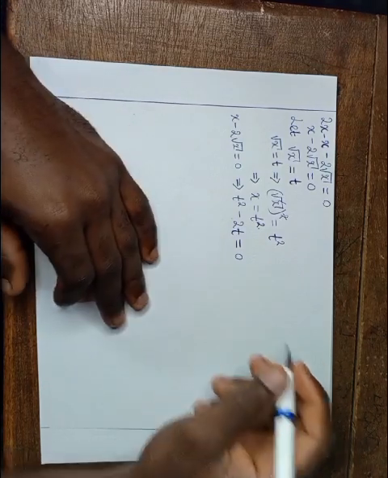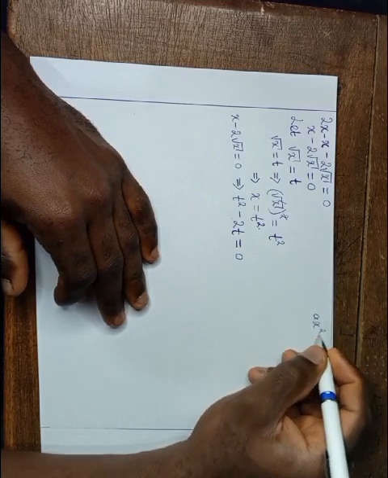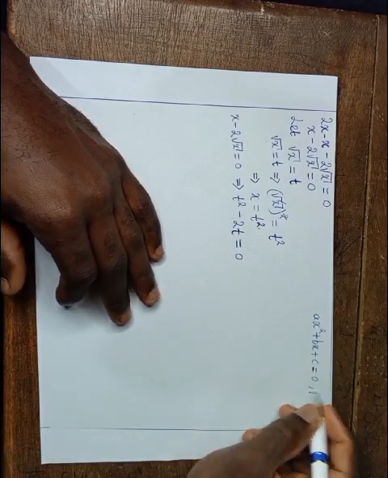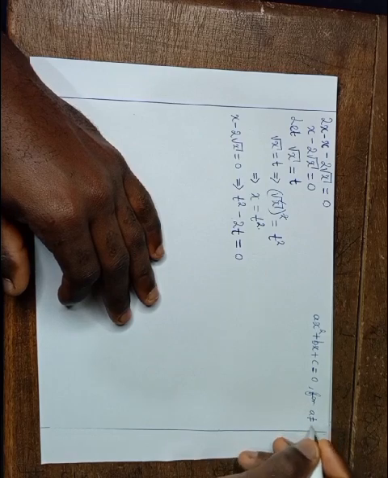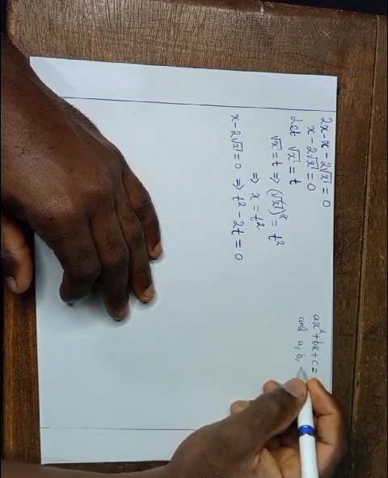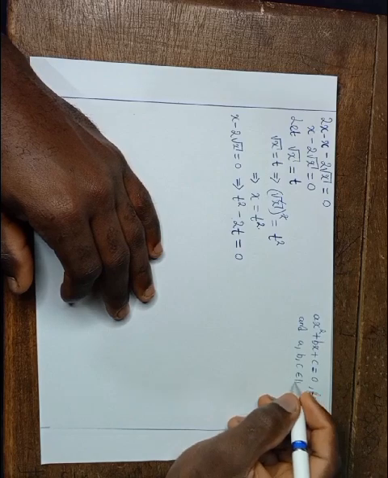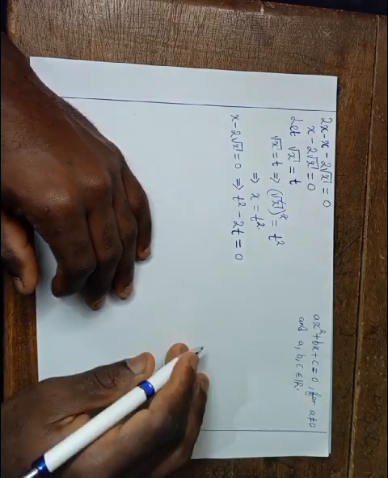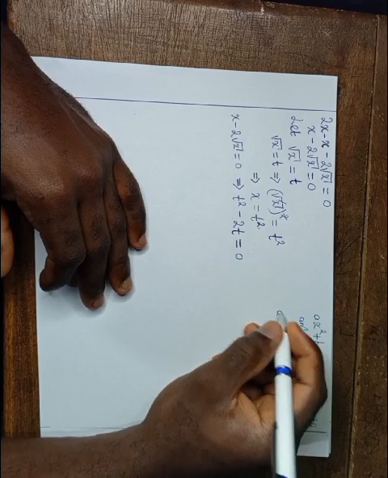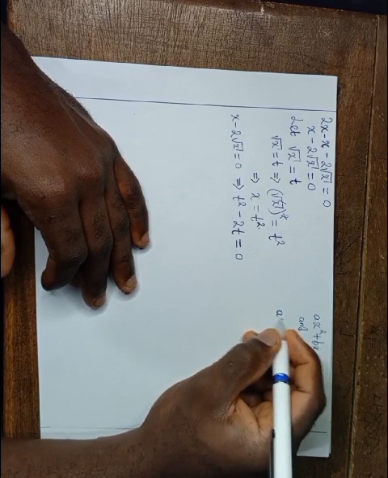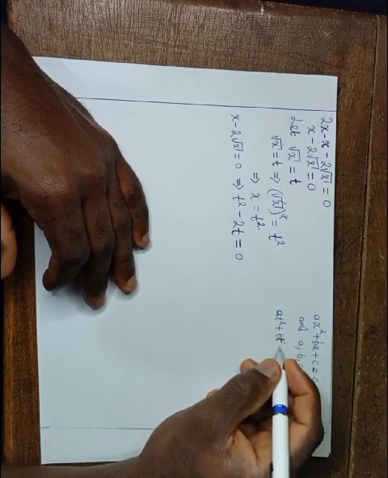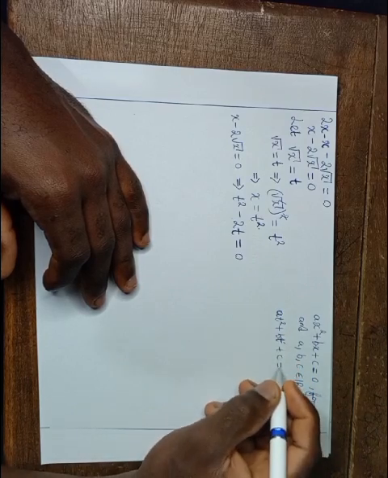Remember, a quadratic equation is simply an equation of the form ax squared plus bx plus c equal to 0 for a not equal to 0 and a, b, c are all real numbers. In this case, let's assume we have our quadratic equation of the form a t squared plus bt plus c equal to 0.